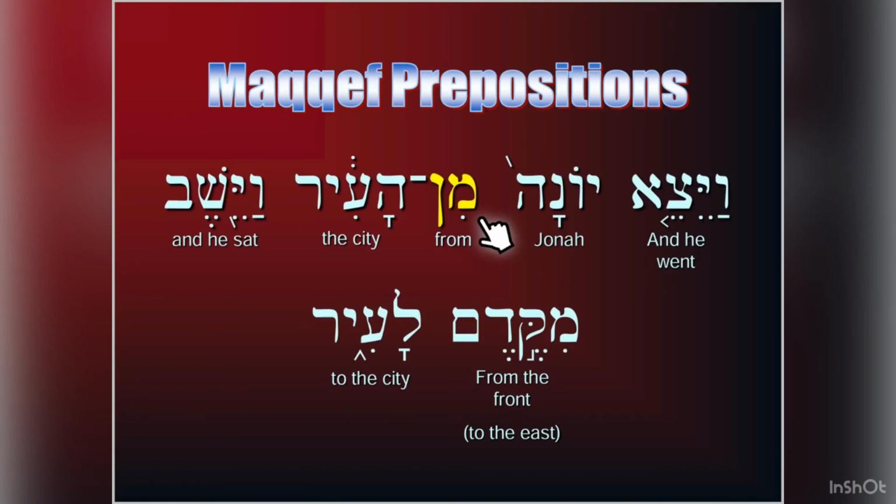You need to remember most of the makif prepositions are monosyllabic words. So here we have an example, min ha'ir, which means from the city. This is how you will see a makif preposition in a particular sentence.